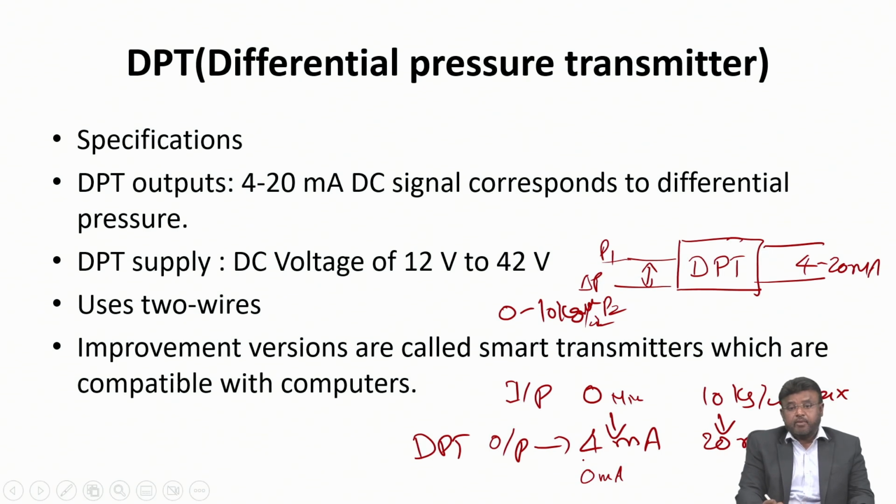And here is the question: why can't this 4 be 0 milliamperes? Why are we taking 4 milliamperes instead of 0 milliamperes?